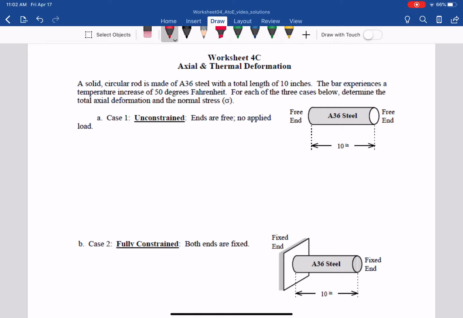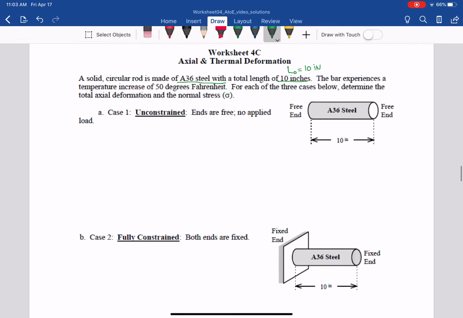A solid circular rod made of A36 steel, with a total length of 10 inches. So the original length, L0, is 10 inches. The bar experiences a temperature increase of 50 degrees Fahrenheit, so delta T equals 50 degrees Fahrenheit.